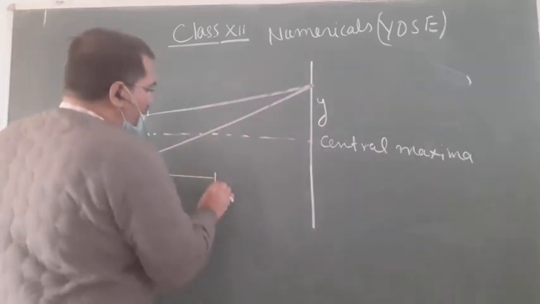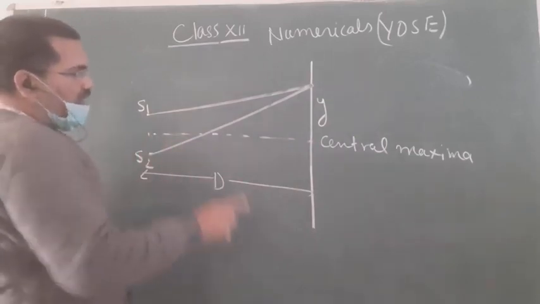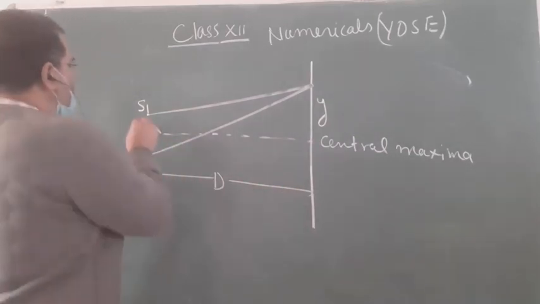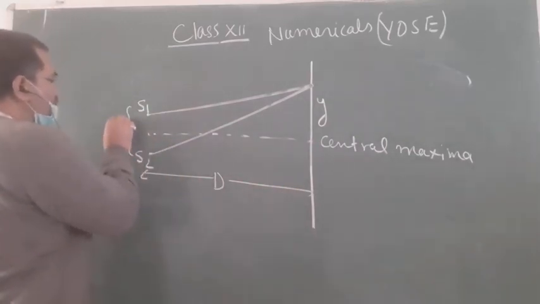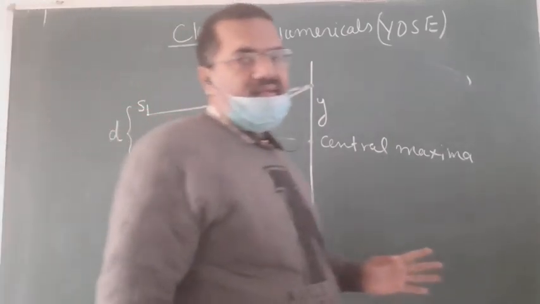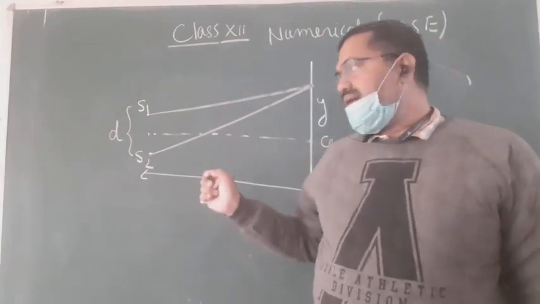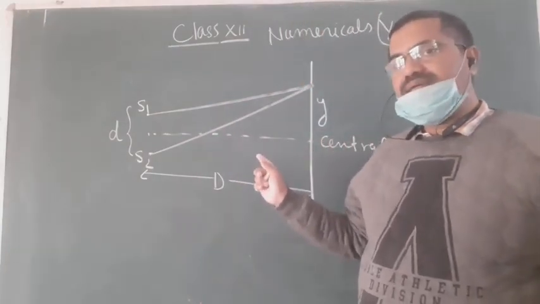Capital D is the distance between the slits and the screen, and small d is the distance between the two slits. This is the setup of YDSE. So you have to remember the formulas regarding this YDSE setup.